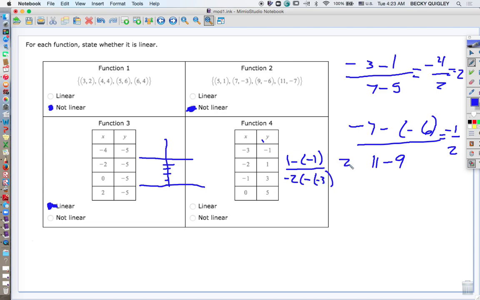So that's 2 over negative 2 plus 3, 2 over 1, which is 2. I'm going to check another ordered pair. 5 minus 3 is 2. 0 minus a negative 1 is 1, 2. So that is linear. And you could tell by the plus 2, plus 2, plus 2.